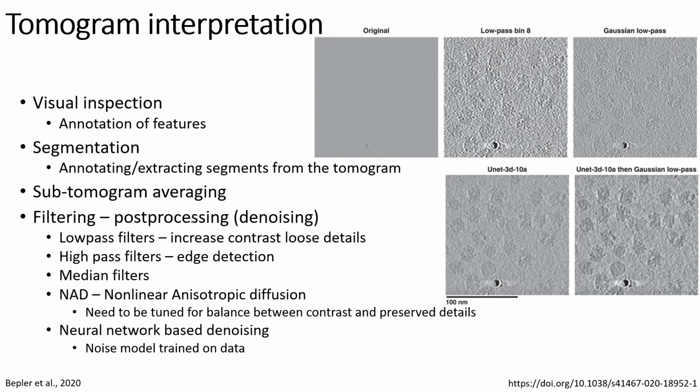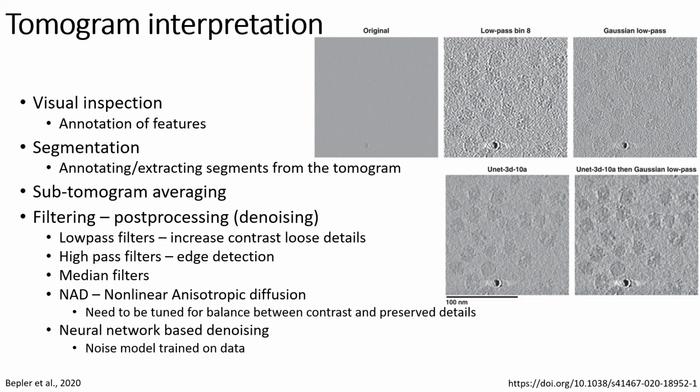Nowadays, it's very favorable to do neural network-based denoising with a noise-to-noise model or a U-Net model, where you are actually training your neural network on the noisy data from your tomogram, and then you can do denoising where you will get superior results to those from a Gaussian low-pass filter.